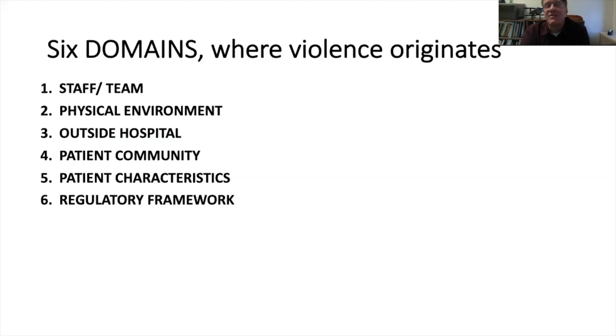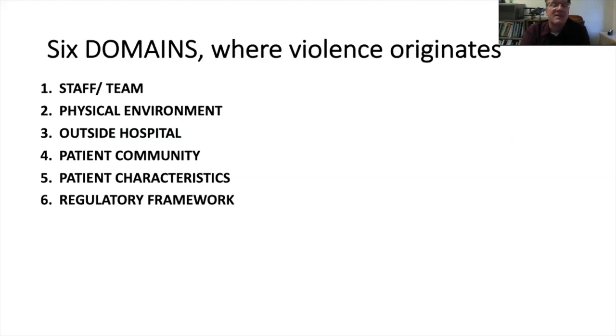Next, patient characteristics. There's very good evidence that patients that come to the hospital with a long history of violence are more prone to violence while in the hospital. They may have learned violent behaviors to solve problems in their lives, or protect themselves if they're coming from urban settings, or if their family maybe was very violent.